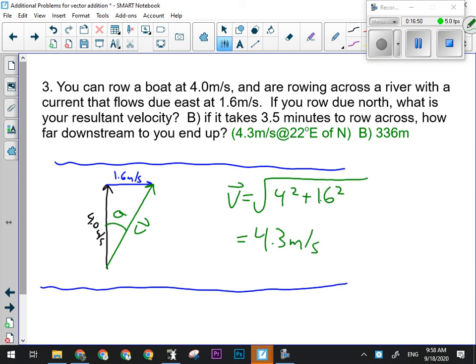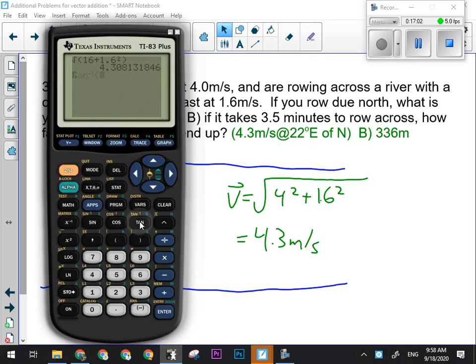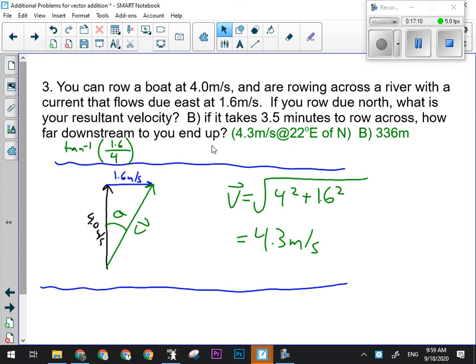Okay, and I need to find my angle. So the way I drew this, I'm going to use tan. I'm going to go tan to the minus 1 of the opposite side, 1.6, over the adjacent side, 4. Okay, 21.8, which is only 2 significant figures, so 22 degrees.